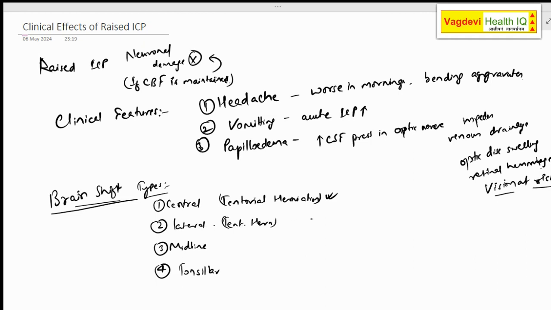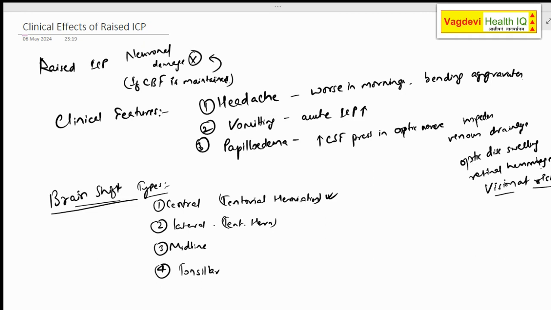In this case, what happened? A unilateral expanding mass caused tentorial herniation, as the medial edge of the temporal lobe herniates through the tentorial hiatus. In the first case it was the tentorial hiatus.